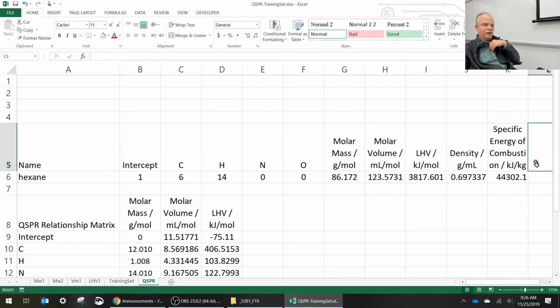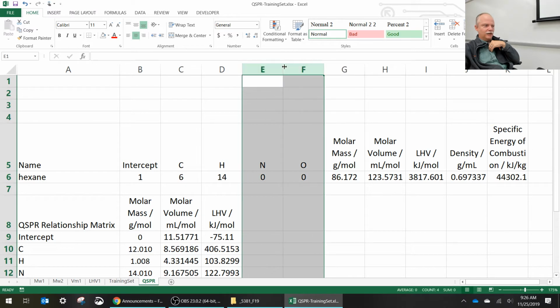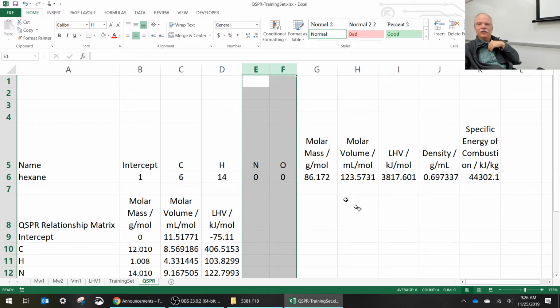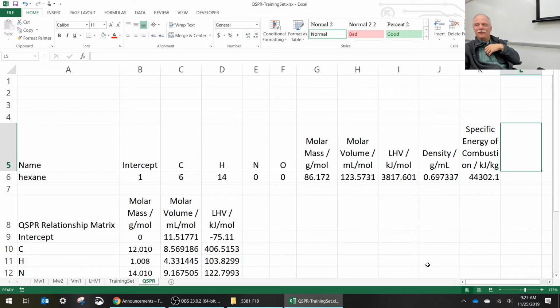But if I'm not in an industry, if I'm at the actual gas station, I don't buy it by the mass. They don't put my car on a scale. Right? How do I buy fuel? I buy it by volume. Let's pretend we're in Europe. Let's do liters. So kilojoules per liter. This would be the energy density.